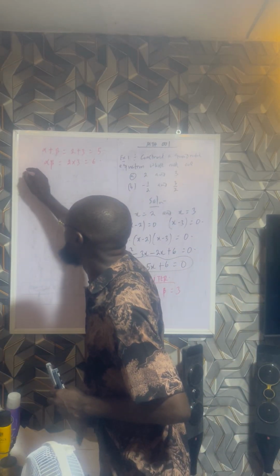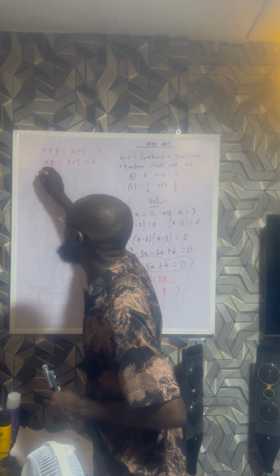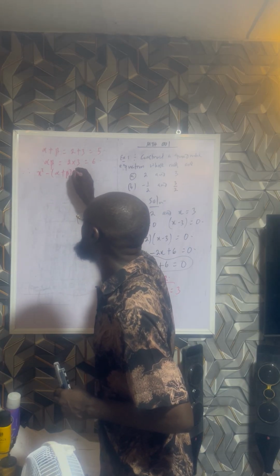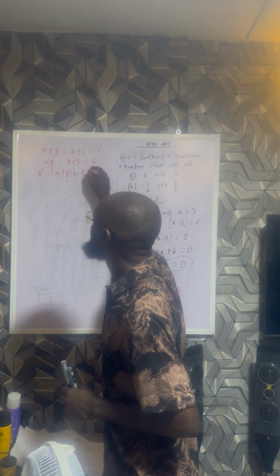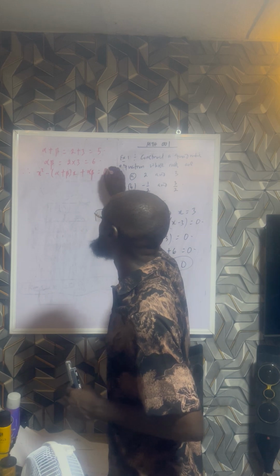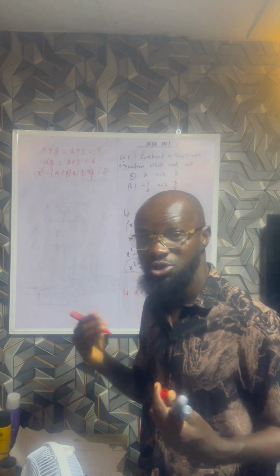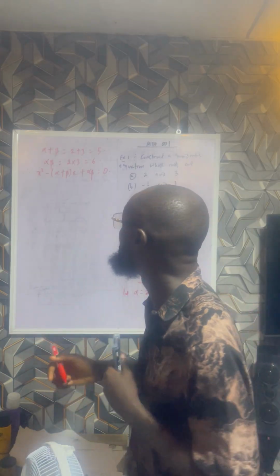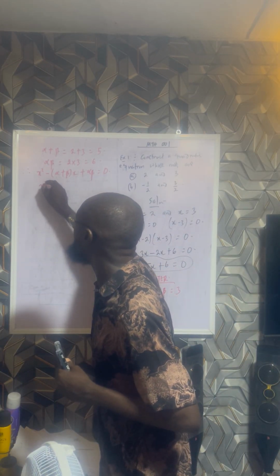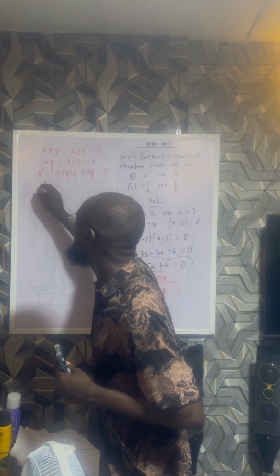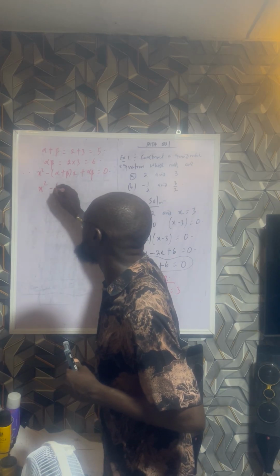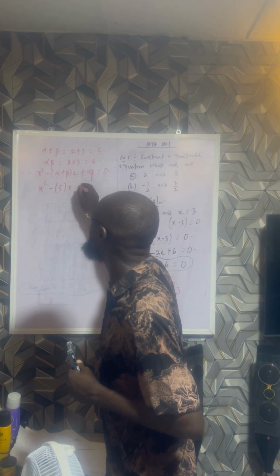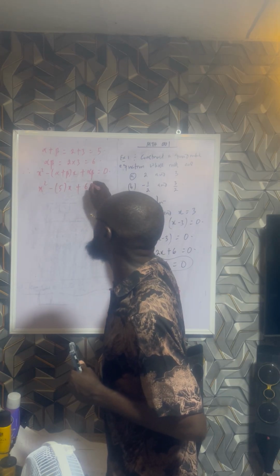So therefore, the equation will be x squared minus the sum of the roots times x plus the product of the roots equals to 0. So we can have x squared minus the sum of the roots, 5, times x, plus the product of the roots, 6, equals to 0.